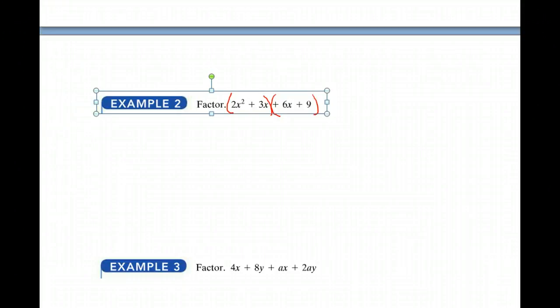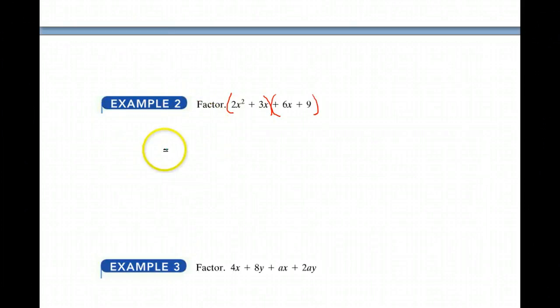Okay, once you get your parentheses written around your first and last 2 terms, you are then going to factor out the GCF of each group. So as you look at the first group that I made, you should see that we can factor an x out of that group. So I'm going to go ahead and do that now.